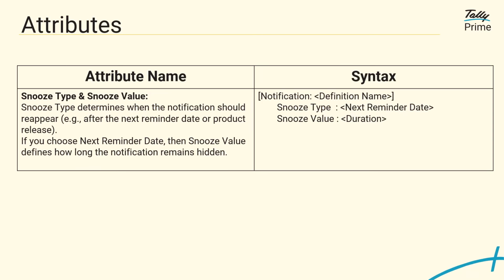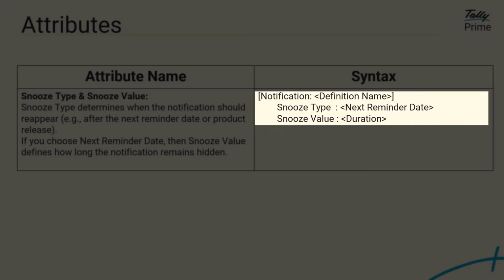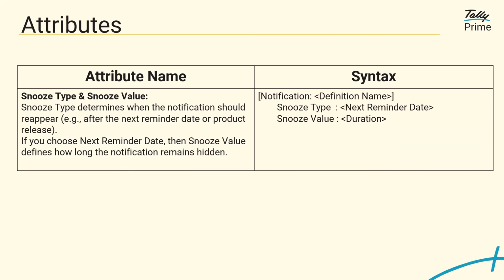If you choose next reminder date, you'll also need to specify a snooze value, which defines how long the notification remains hidden. The syntax for this is shown on your screen. This gives developers finer control, making notifications less intrusive and more user-friendly.